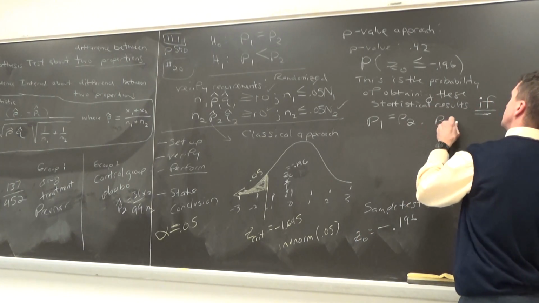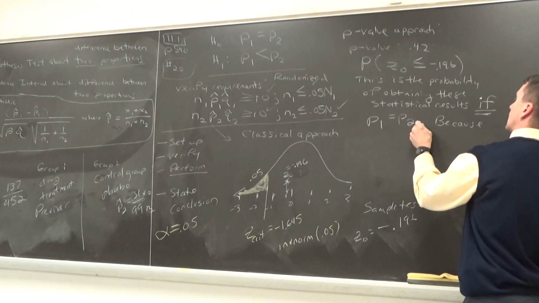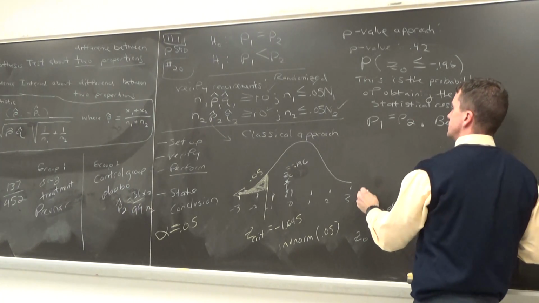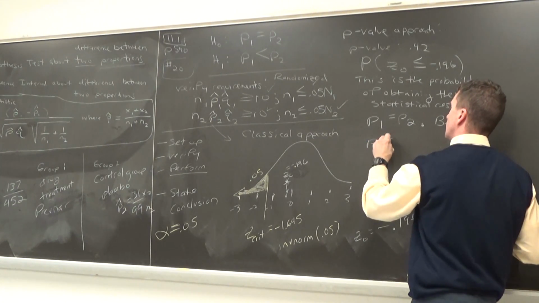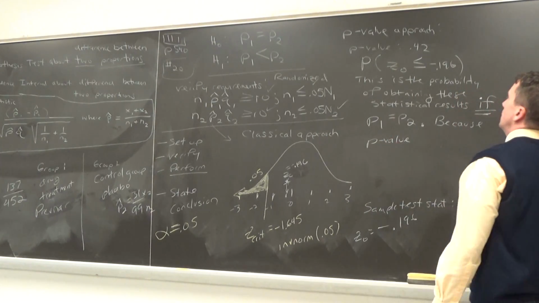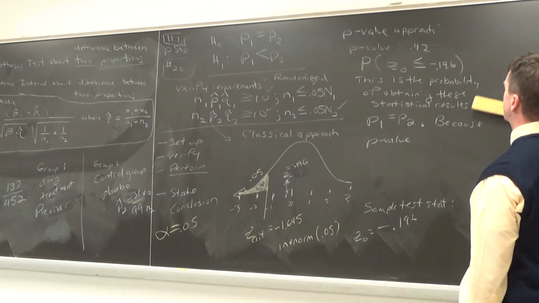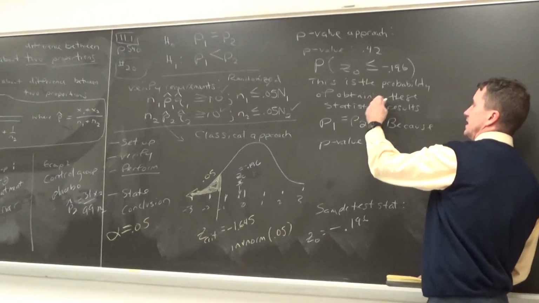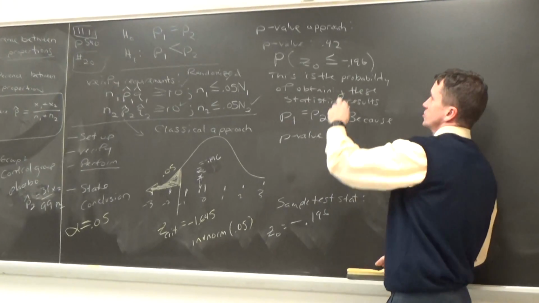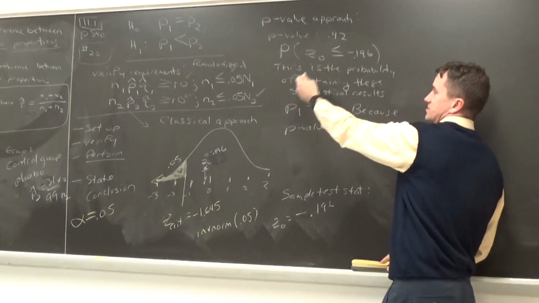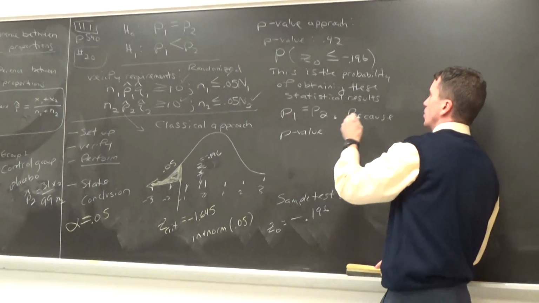Well, because I got a period there, because my p-value, hey, you know what, when I put it, obtain these statistical results, some of you may say or more extreme, but I got it written right there. So since I stated it right here, I didn't have to say or more extreme.